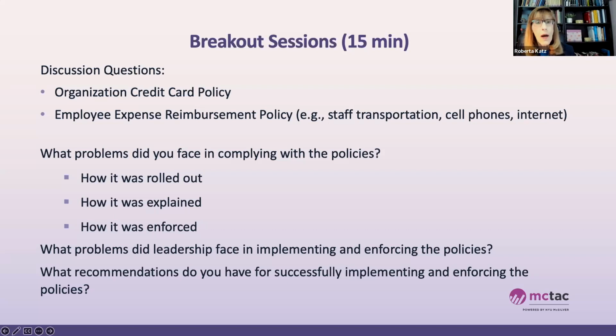Okay, so we're ready for our breakout sessions, for about 15 minutes. You should appoint a leader in each of your breakout sessions to take notes of what you discuss. The discussion should focus on two policies that I think most, if not all, organizations have or should have: an organization credit card policy and an employee expense reimbursement policy, for example, for staff transportation, cell phone reimbursement, internet service.